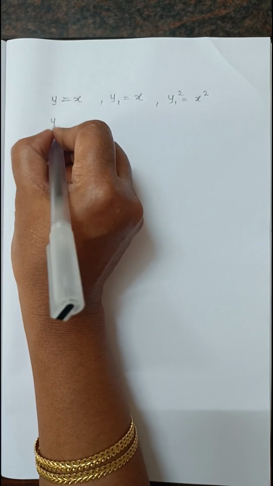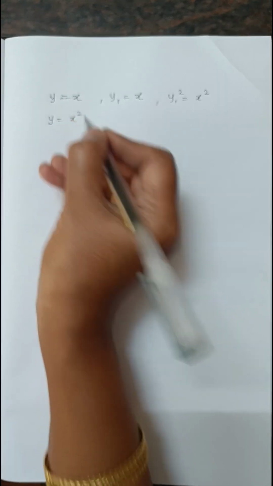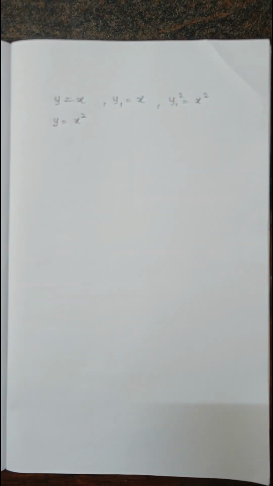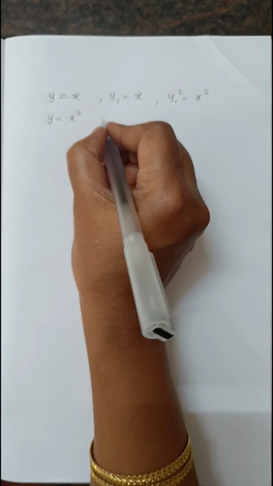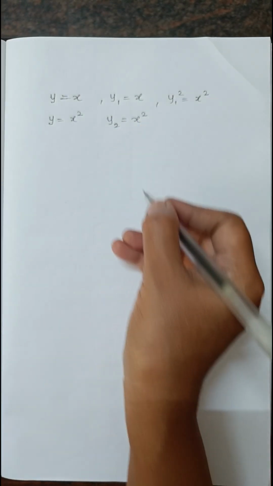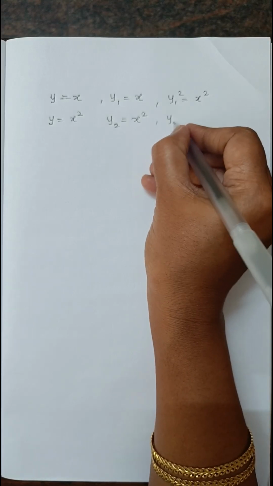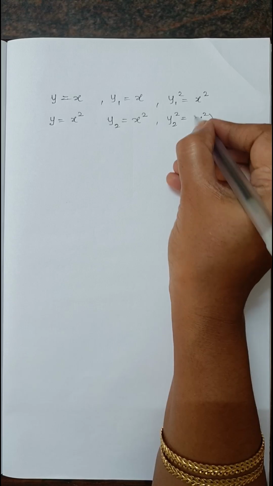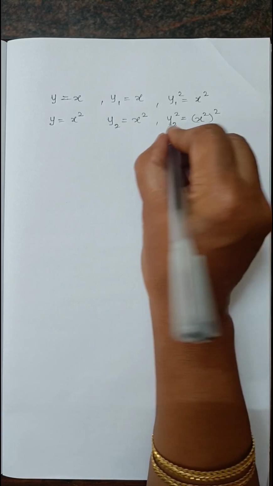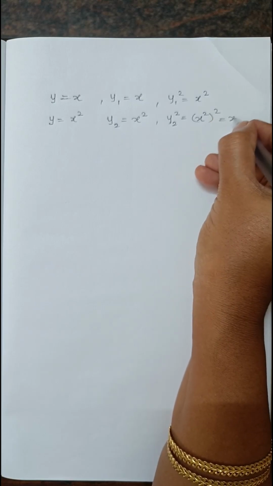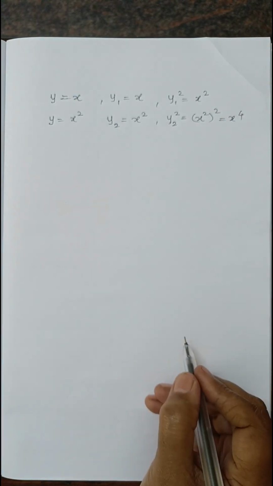Second equation is y is equal to x square, the equation of the parabola, let this be y2, that is y2 is equal to x square, therefore y2 square is equal to x square whole square, which is x raised to 4.